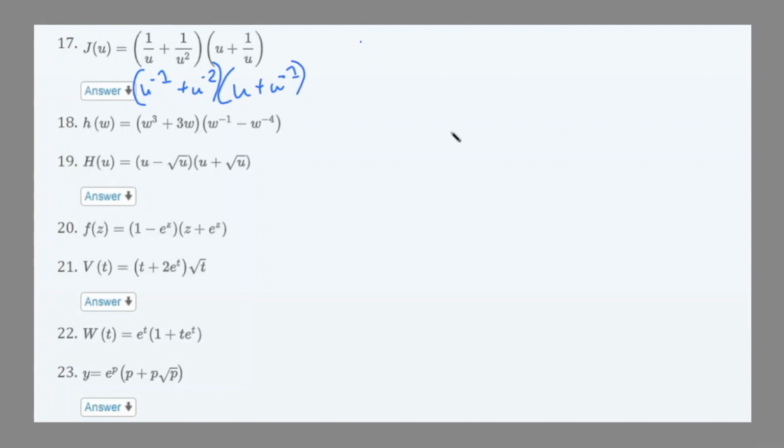So now if we use the product rule, we would have u to the negative first power plus u to the negative second power times 1 plus, or rather, negative u to negative second power, and then we add that to negative u to negative second power minus 2u to negative third power, and then we multiply that to u plus u to negative 1 power.